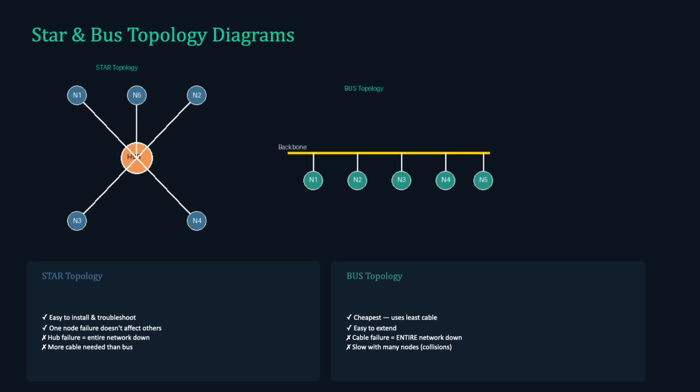Bus topology has one long backbone cable with all nodes tapping into it. Advantages: cheapest option, uses least cable. Disadvantage: if the main cable breaks, the entire network fails, and it slows down with many nodes due to collisions.